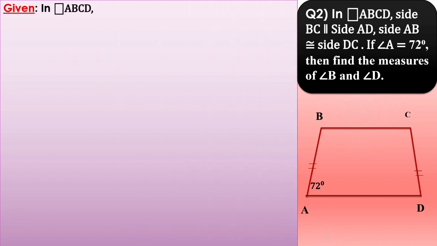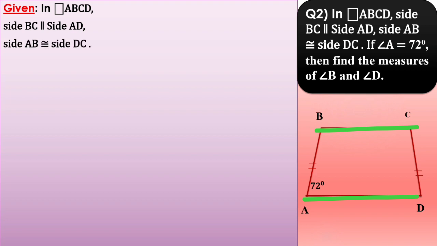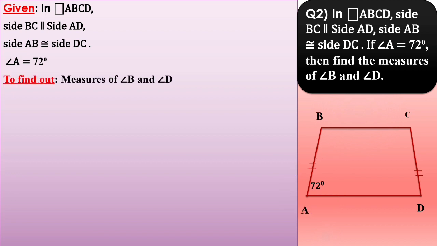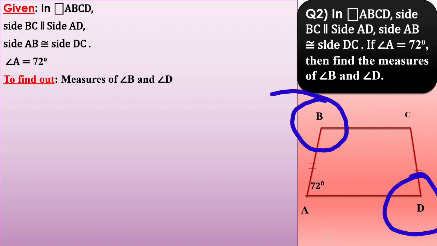First of all, it is given quadrilateral ABCD is a trapezium. Side BC is parallel to side AD and AB is congruent to side CD. These are the given information and we have angle A is 72 degree. Here we have to find the measure of angle B and angle D.